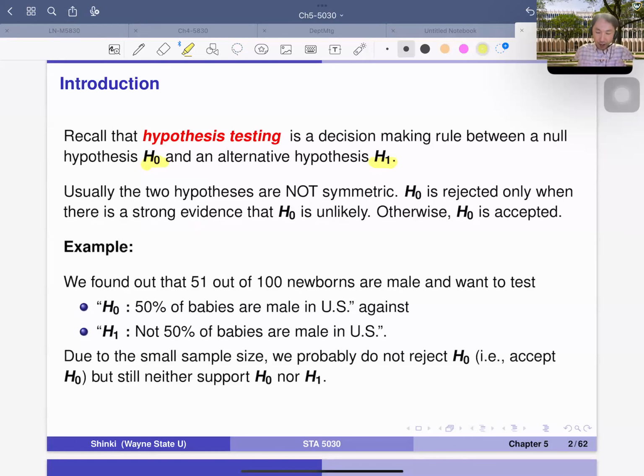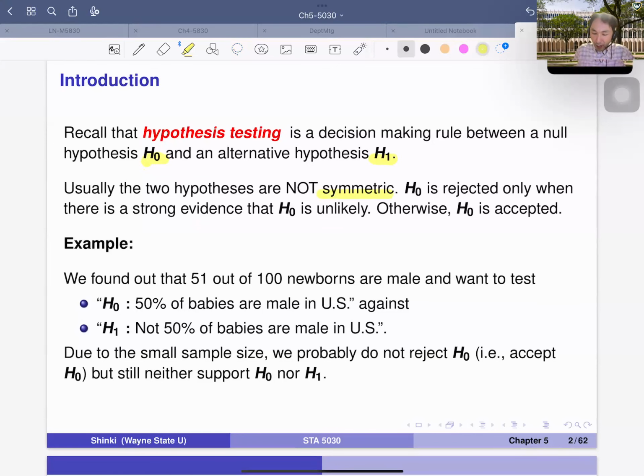And the two choices are not symmetric. H0 is rejected only when there is strong evidence that H0 is unlikely. Otherwise, H0 is accepted. So basically, we want to support H1, so we want to have strong evidence to reject H0.